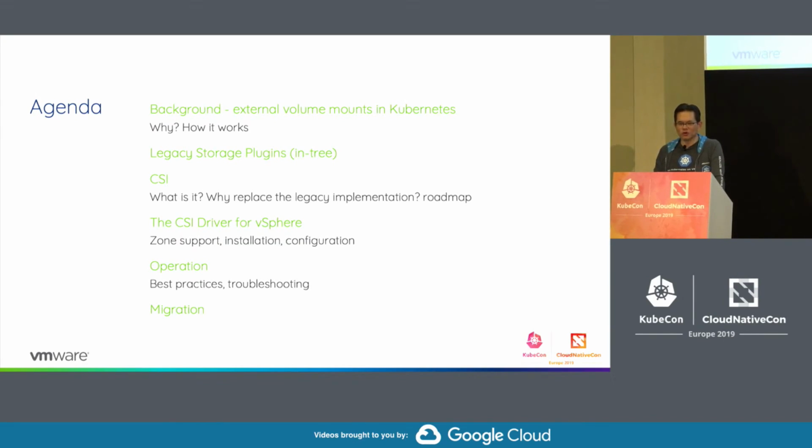Then move on to the container storage interface, which is the future of Kubernetes and external volume mounts, maybe the future and the present. And we'll get into the specifics of the CSI driver for vSphere and wrap up with operation best practices and a demo by David. We'll touch briefly on migration from in-tree to out-of-tree and troubleshooting.